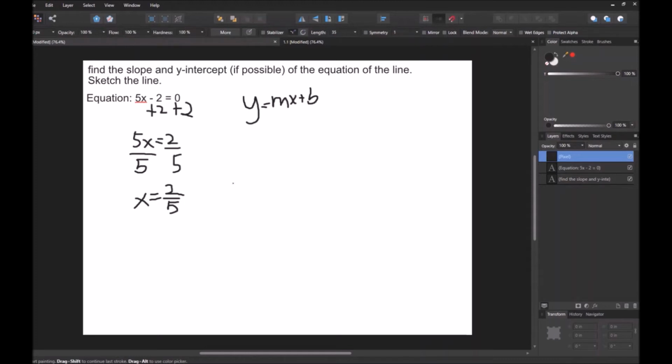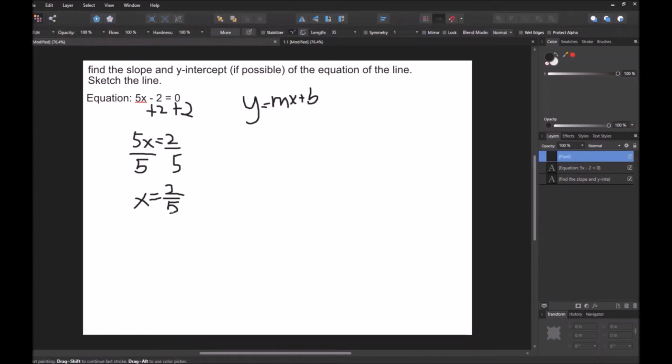Now let's try to find the slope. The reason I say it with apprehension is because you can't really find the slope in this problem. The slope is undefined. You just have an x value, meaning that for any y value you plug in, be it 0, 1, -1, 1 million, your x value is always going to be x equals 2/5.